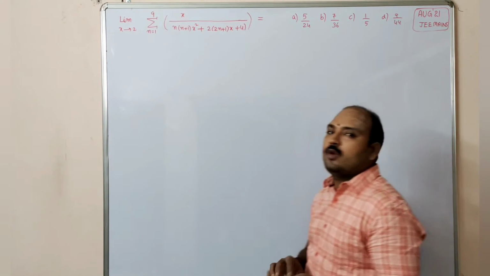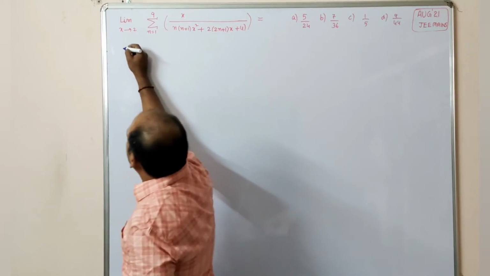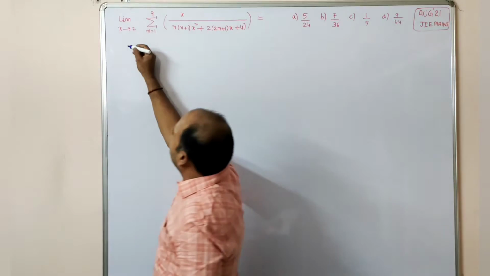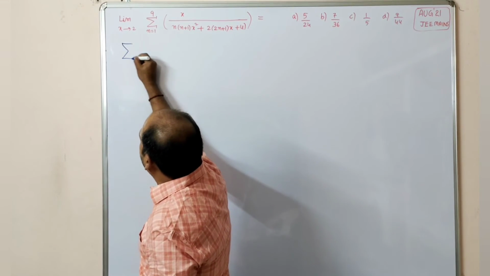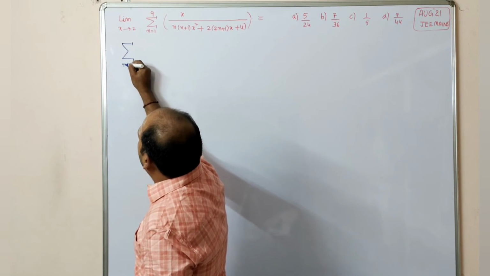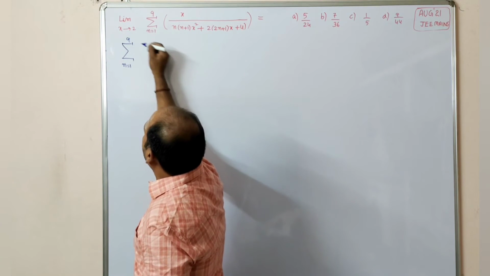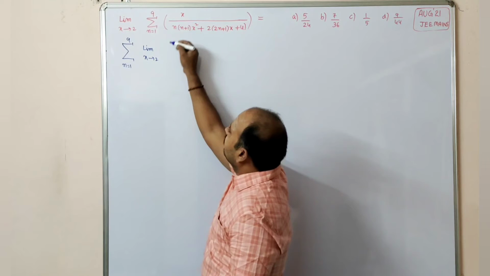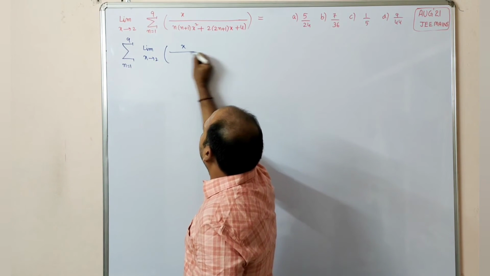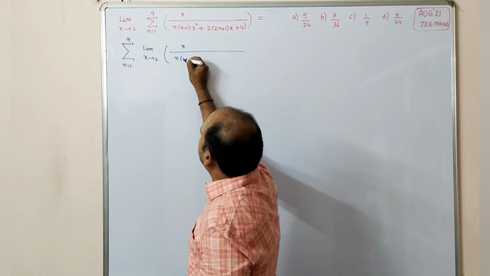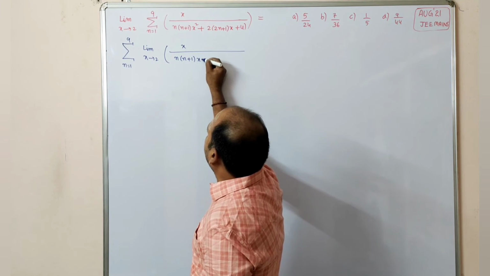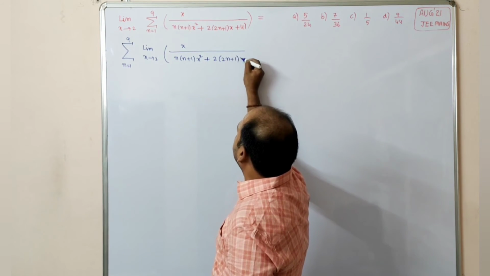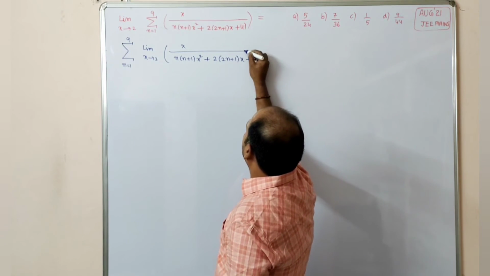So first what we are going to do is take the limit inside the sigma, so it becomes summation n is equal to 1 to 9, limit x tends to 2, x by n into n plus 1 into x square plus 2 into 2n plus 1 into x plus 4.